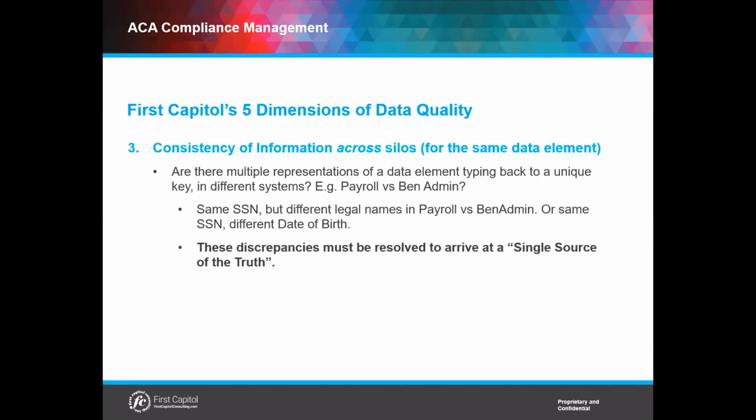Next slide, please. The third is this idea of consistency of information across data silos for the same data element. So we talked about how oftentimes employers do have different technology systems or platforms. And when we talk about consistency of information across silos, we're talking about, does the data point match in, for example, payroll versus ben admin?